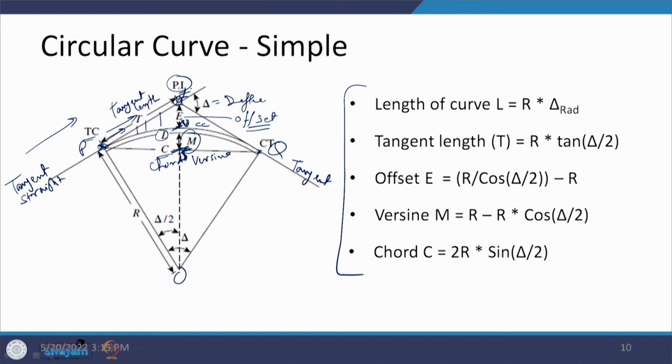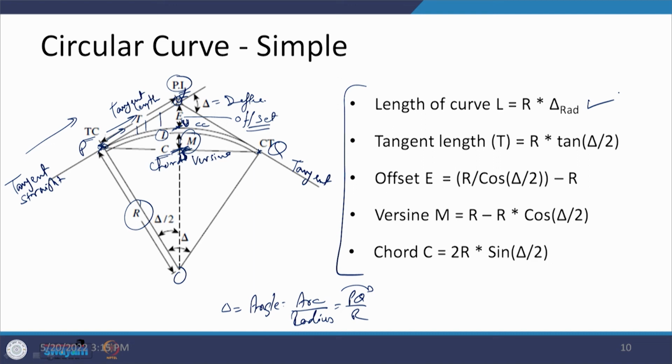First, the length of the curve. When you go with angle, the angle is arc divided by radius, say the radius is r. The arc length is from P to Q. So, we are talking about arc PQ divided by r, and that is going to be the angle, and that angle is delta. Therefore, the length of the curve is nothing but r into delta radians.